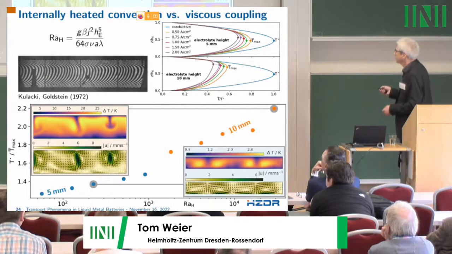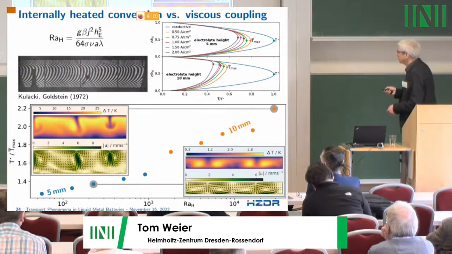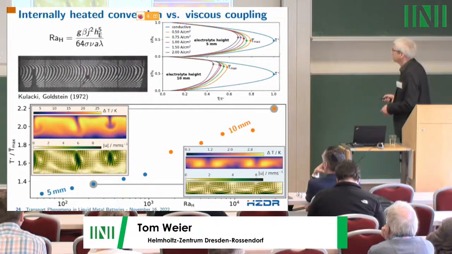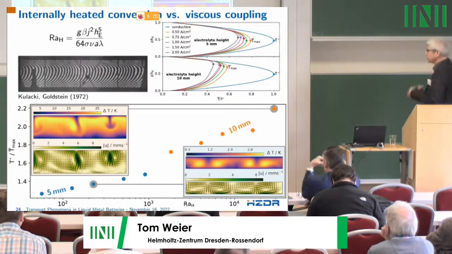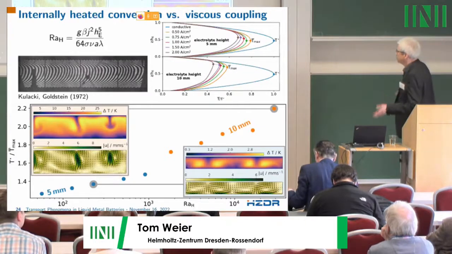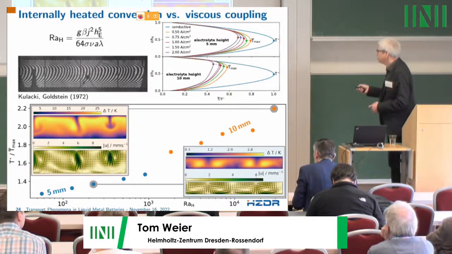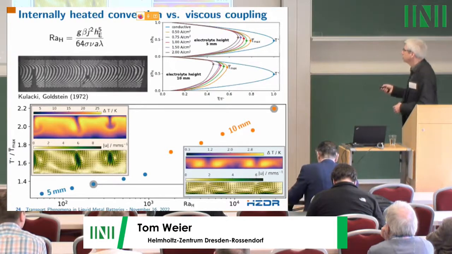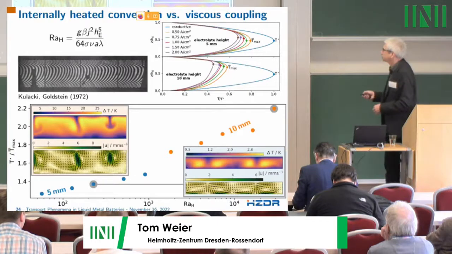And this convection is shown here, and looks very regular. The highest velocities appear at the interface of the electrolyte to the cathode. That means the solutal convection during charge mixes your electrolyte and gives you much better heat transfer on the lower boundary of the electrolyte compared to the upper boundary layer.